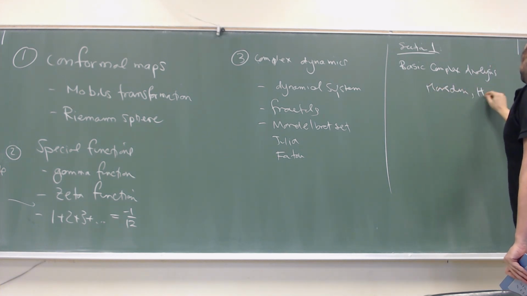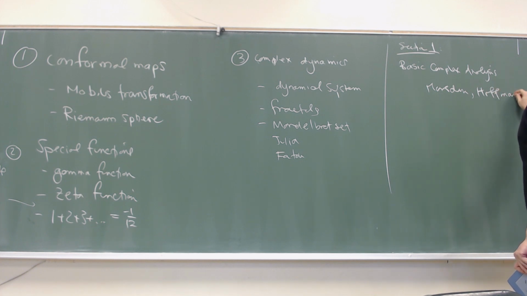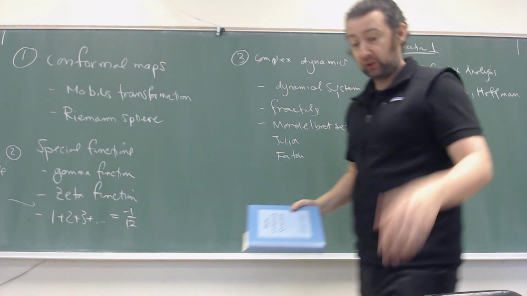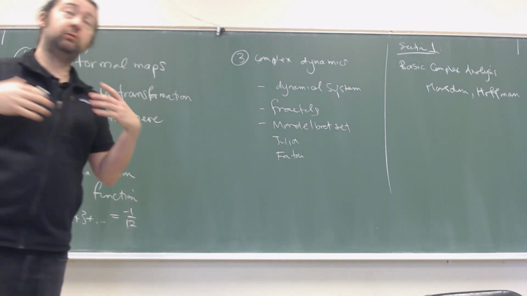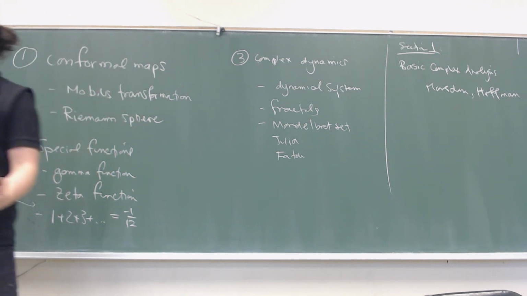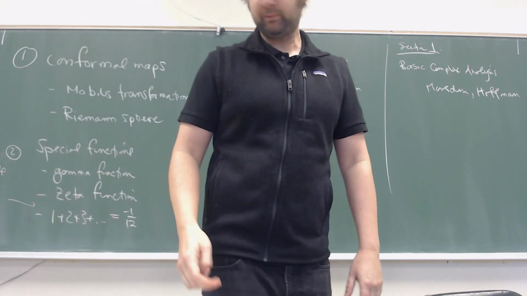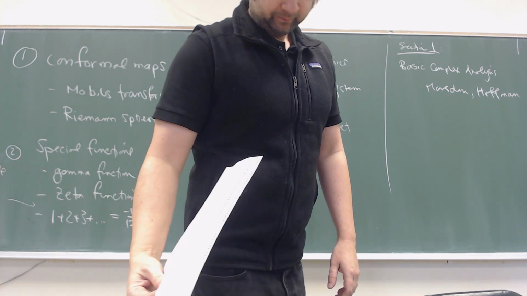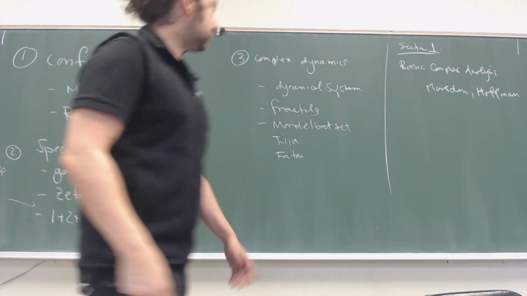Any complex analysis book will be a good reference. This is just the one I'm following for this section. And as I use new references, I'll let you know where I'm getting them from.